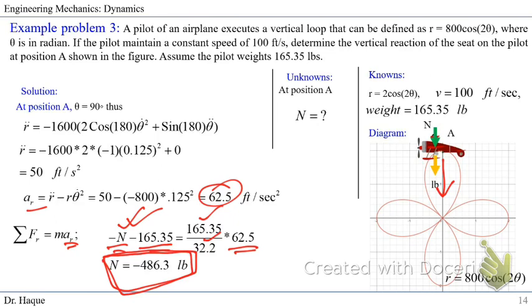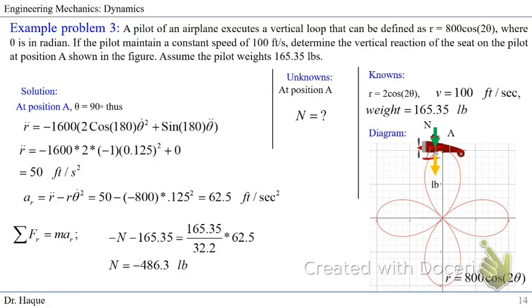This is the vertical reaction from the seat towards the pilot. So we have found N. So this is our answer.